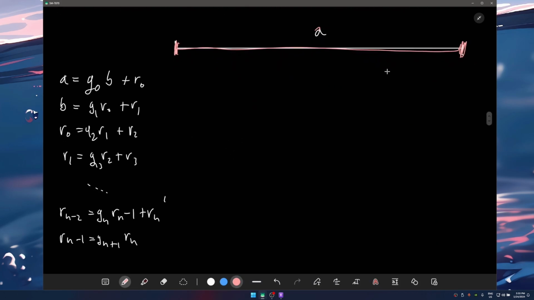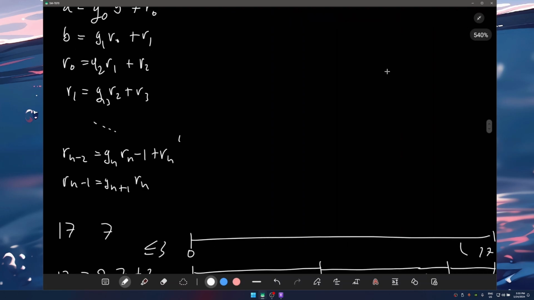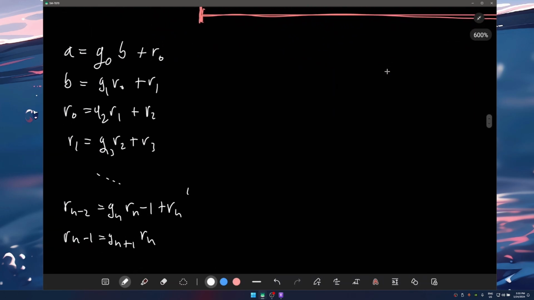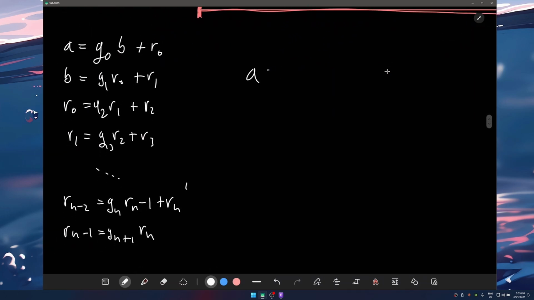Okay, let's say A in here, or can I just paint A? Oh, nice! I can just paint A. Very nice. And now the first thing is that if you take two numbers, A and B, for example, and you want to find their GCD, well, one of them will be greater. If you take 20 and 10, then 20 is bigger than 10, and then you can just assign them randomly however you want.